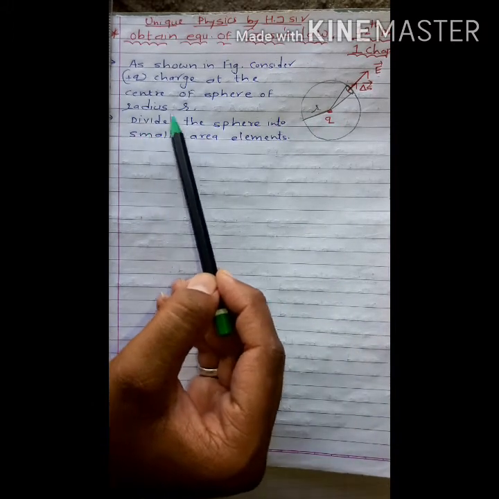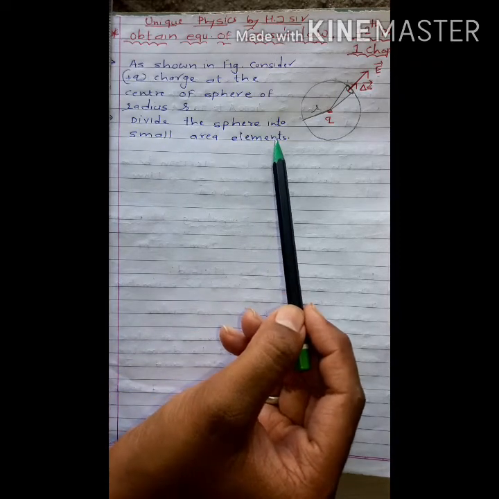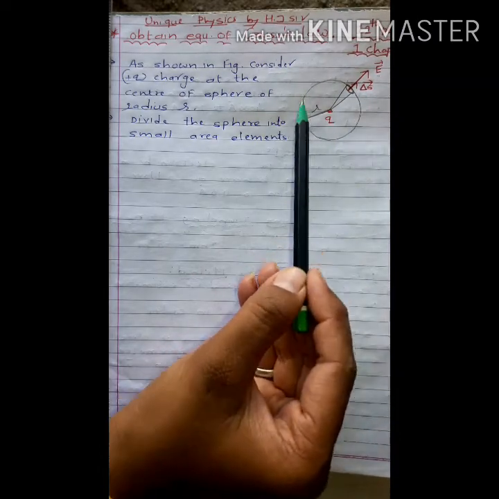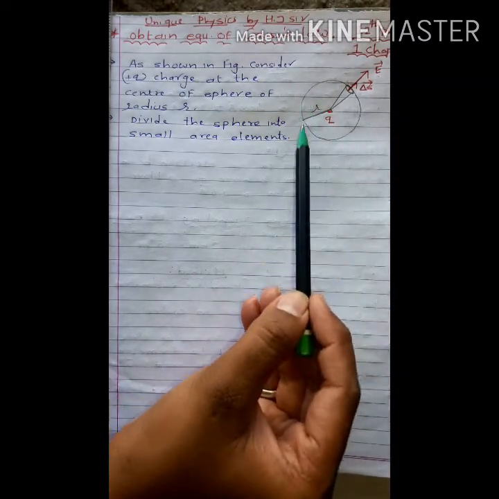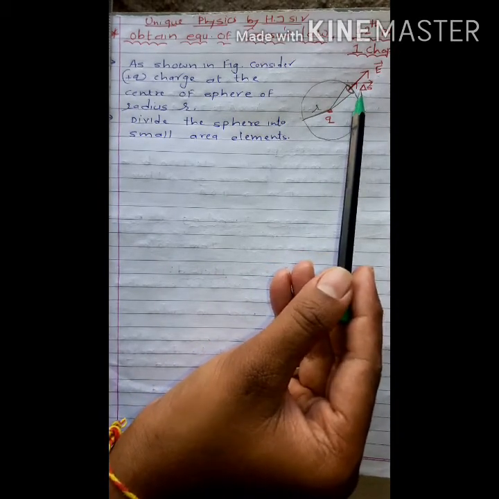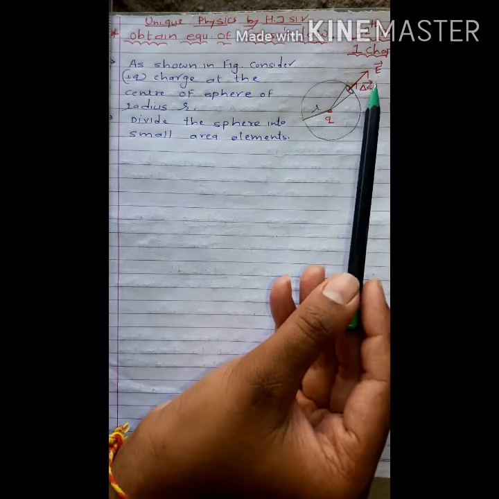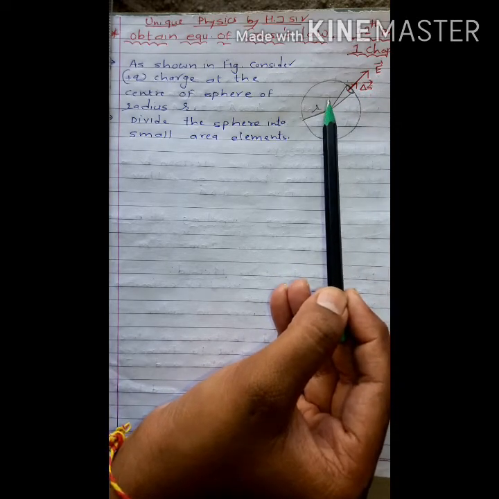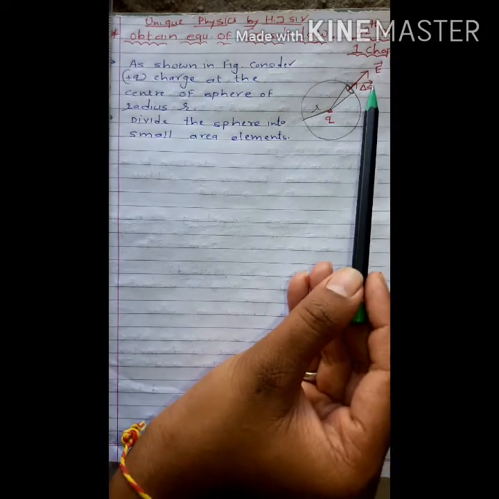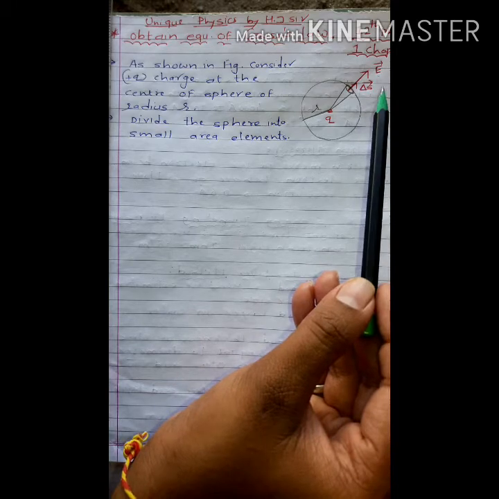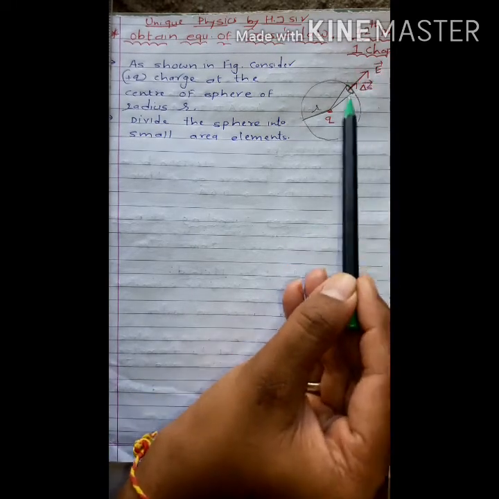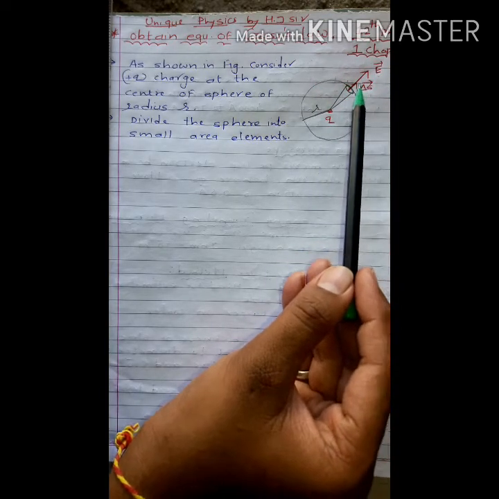Now divide the sphere into a large number of small area elements. One such area element is denoted by vector delta S. Remember this point: this is a positive charge, so the electric field is radially outward, and the area element is also radially outward. Both are in the same direction, so the angle between them is 0.